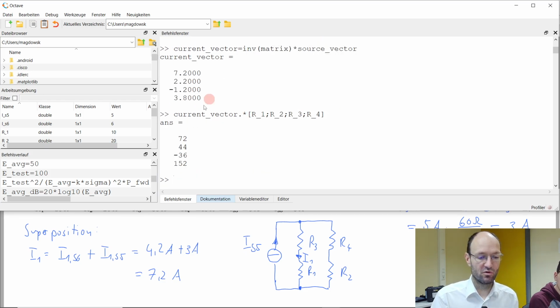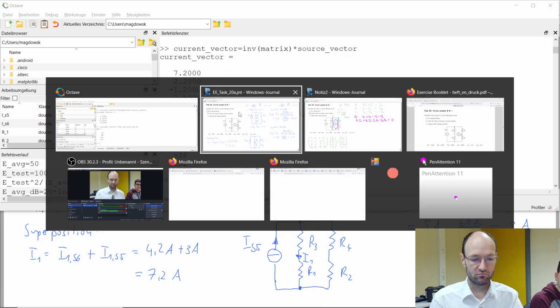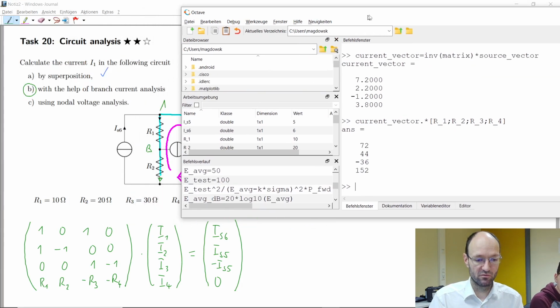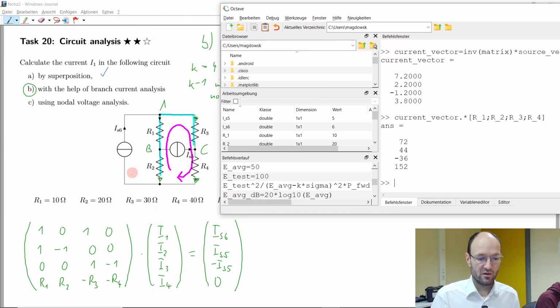So now we get all the voltage drops across the resistors, because I've always calculated I1 times R1, I2 times R2, and so on. And so now we have the voltages here and there and there and there.